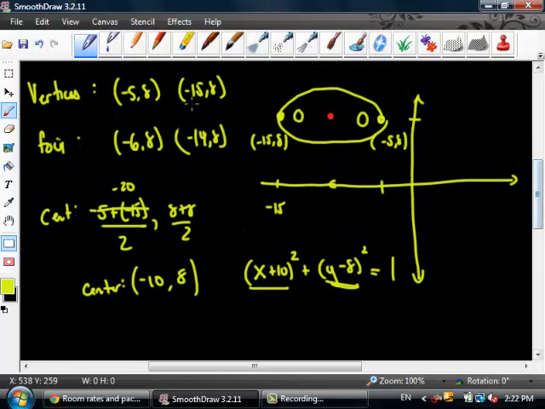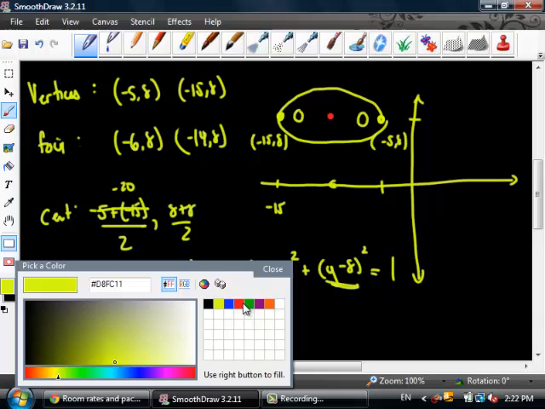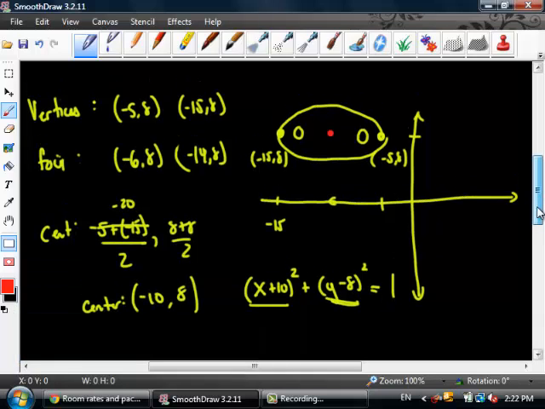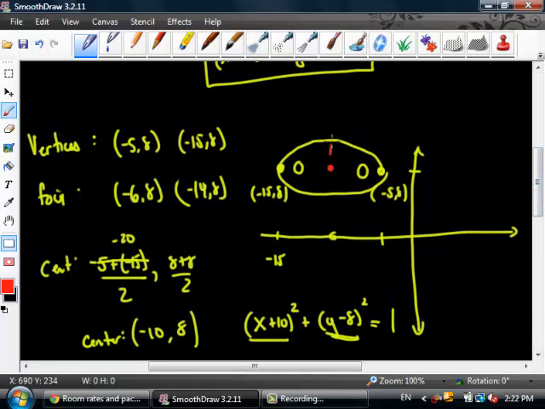Okay, let me go ahead and draw this again. This up here is negative 10, 8. So what I need is the distance from negative 10, 8 to negative 5, 8. What is the distance between negative 10, 8 and negative 5, 8? Just count. It's just counting. Mark? It's 5.